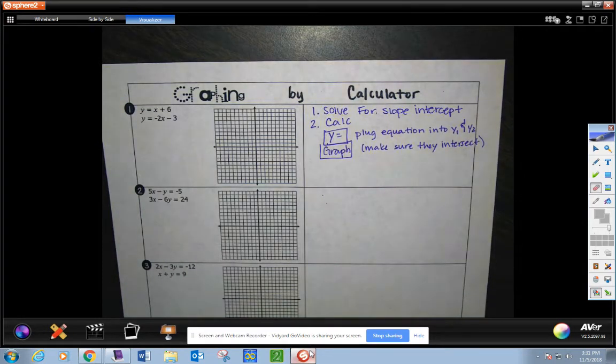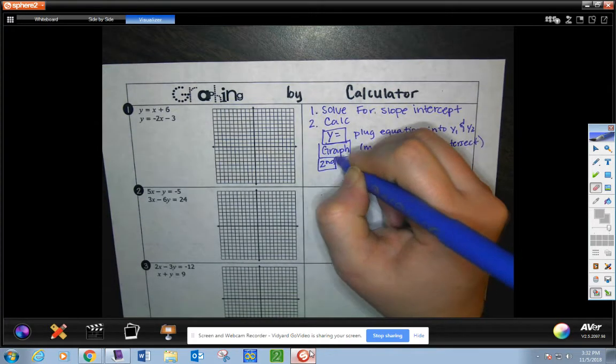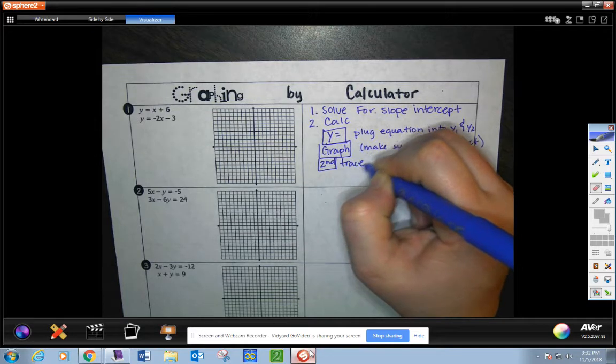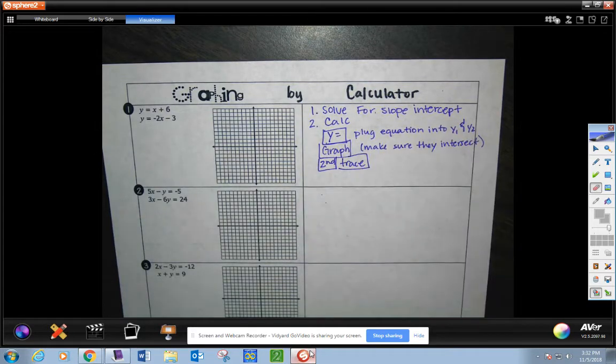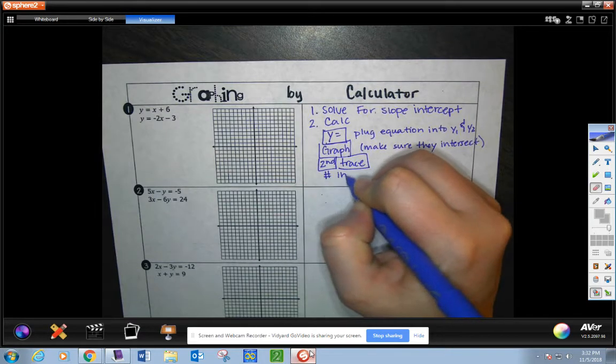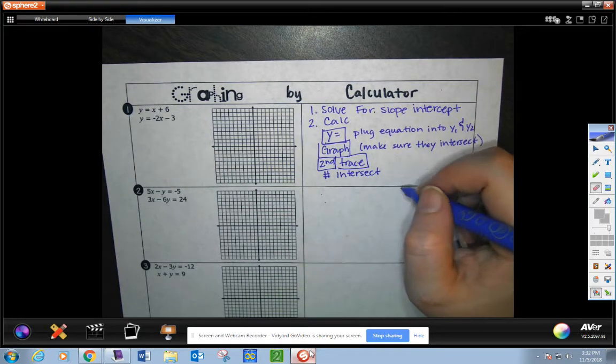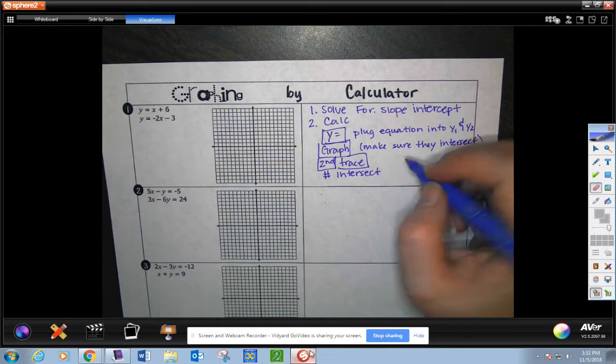Okay, after you make sure that they intersect, the next buttons you're going to press are second and then trace. Okay, and then you're going to scroll and you're going to find number 5, which is the intersect. And you're just going to hit enter on number 5.